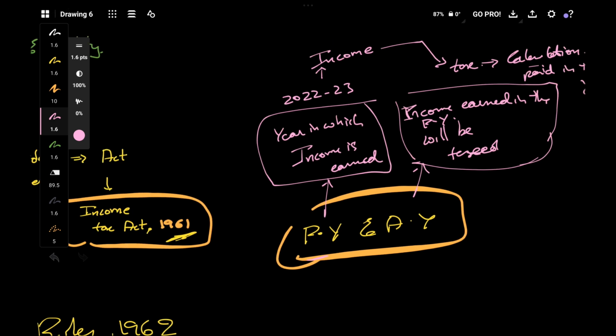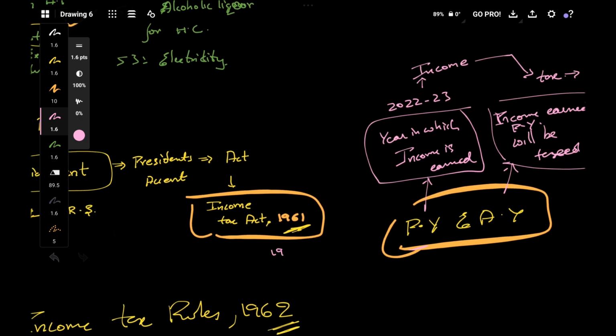So the income earned in 1961-62 is taxed in 1962-63. When people are getting taxed, that's when the practical part comes.